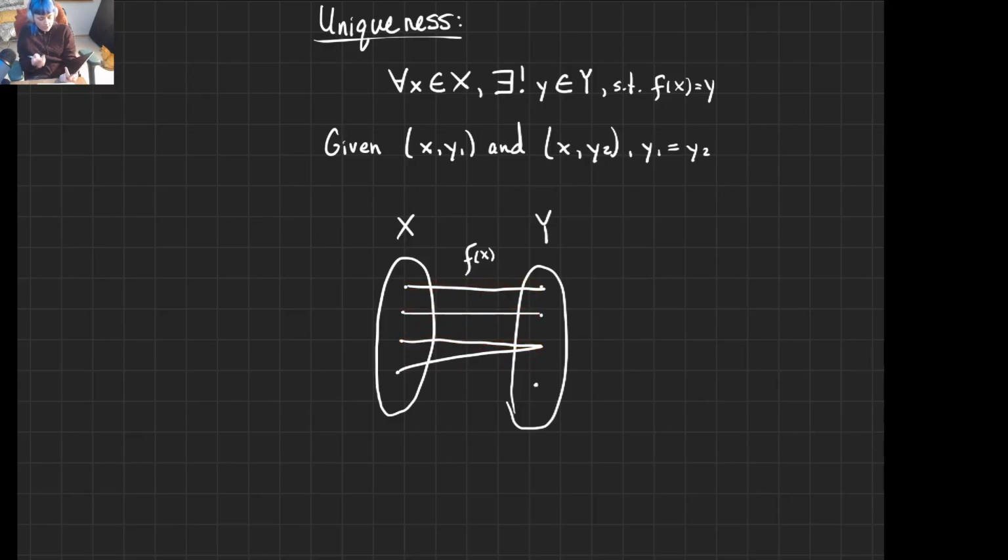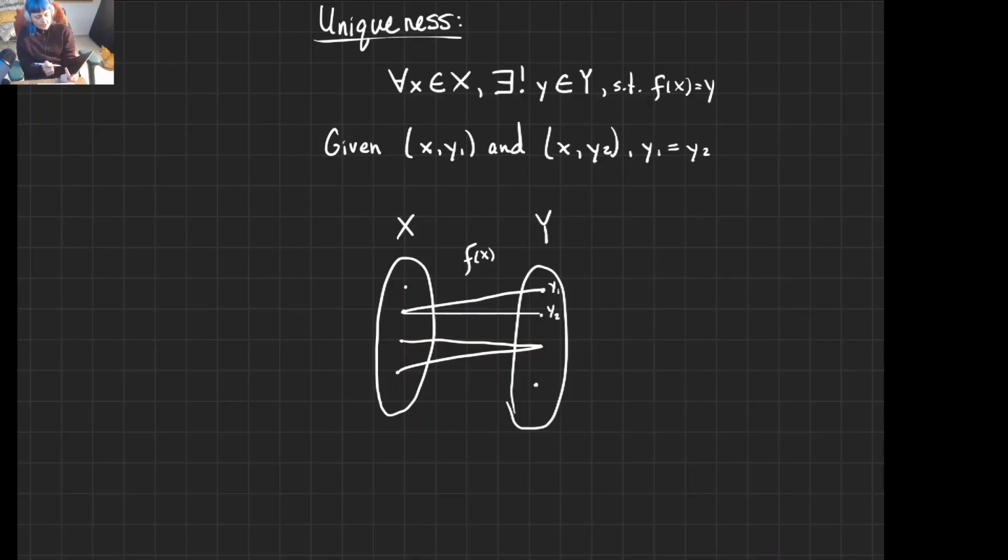So where we might run into an issue, let's just create an issue here. Let's get rid of this connection up here. And let's say this value here, can this x value go to this y value here? So this would be your y1 and this would be your y2.